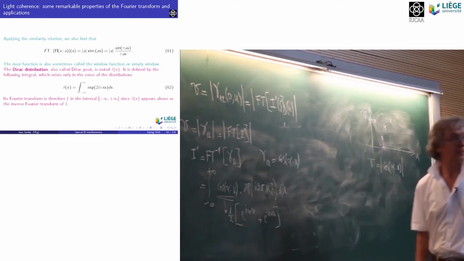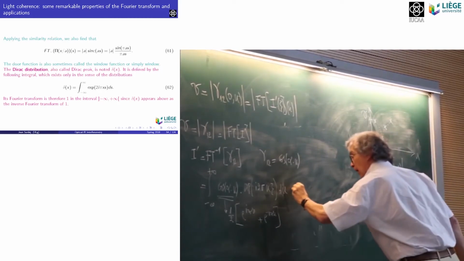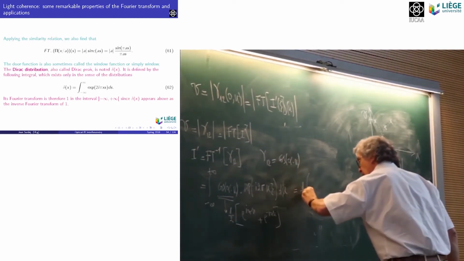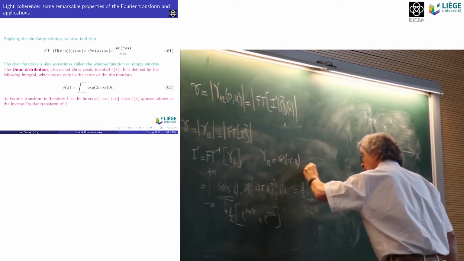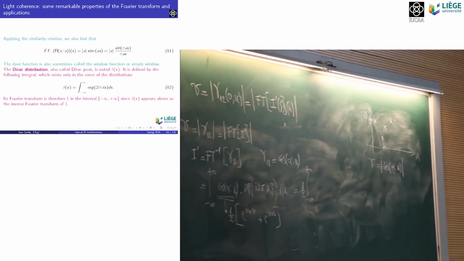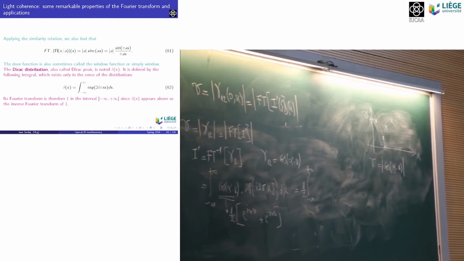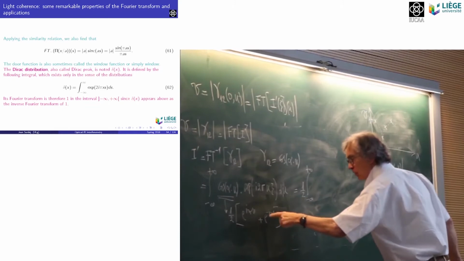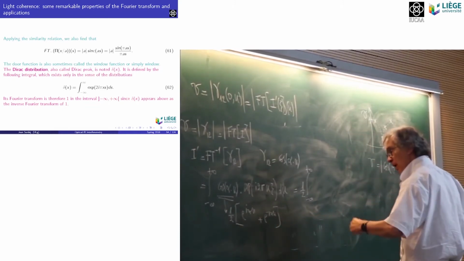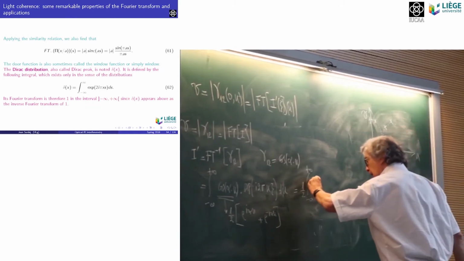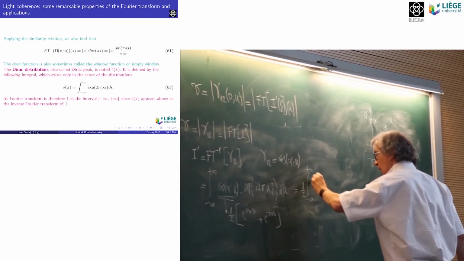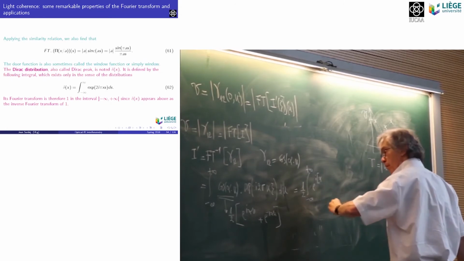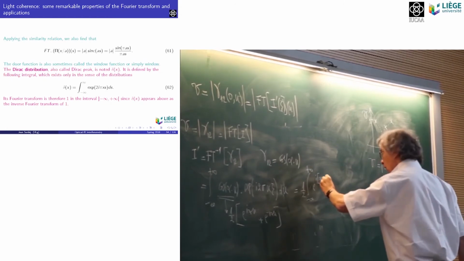You agree? So I could say that this is equal to 1/2 integration from minus infinity to plus infinity of, now I will distribute these two terms. So I will find e to the i, multiplied by alpha, plus 2 pi.